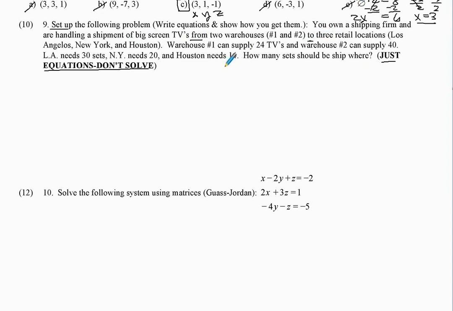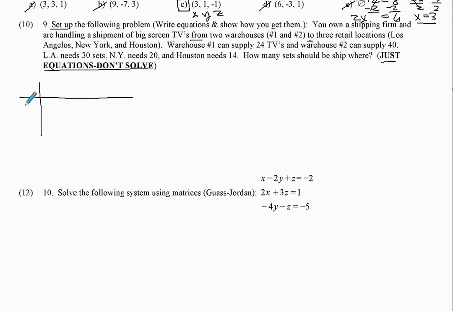So we're actually going to have 6 variables in this problem because we've got 2 possibilities for where these TVs can come from and 3 possibilities for where they can go to. So let's start setting up a table here. And we've got 2 warehouses, warehouse number 1 and warehouse number 2.